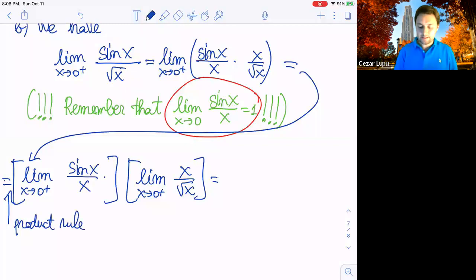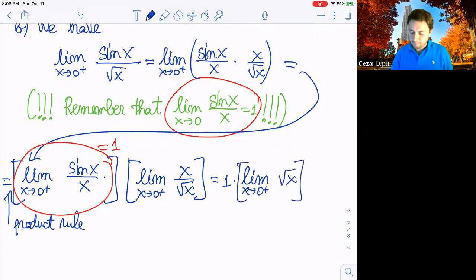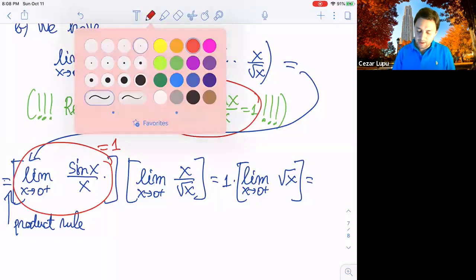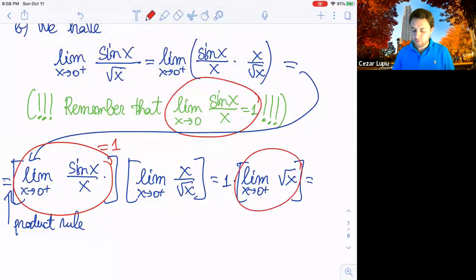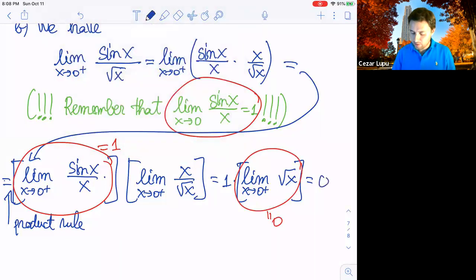And now this guy, by virtue of what we previously said, is 1. And this guy here is nothing else than just square root of x. So it is 1 times lim as x approaches 0 from the right of square root of x. If we plug it in, this limit is the square root of 0, which is 0. So finally, the result will be 1 times 0, which is 0. And that's it.